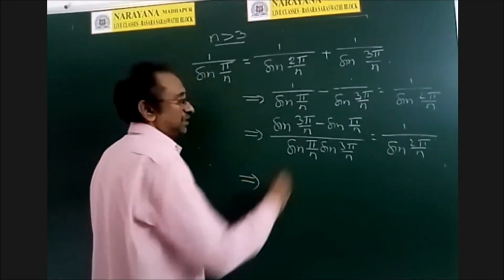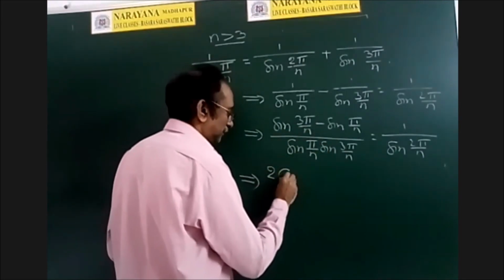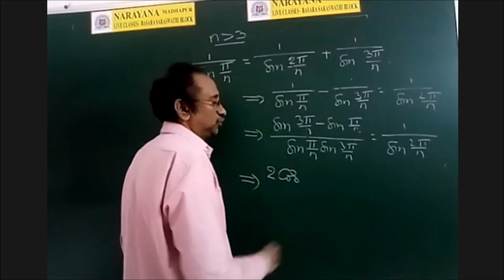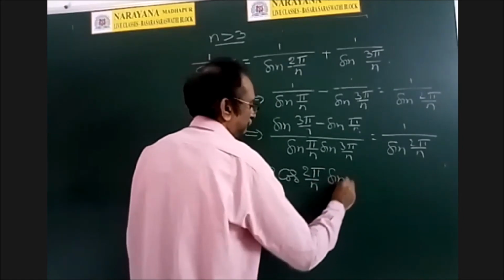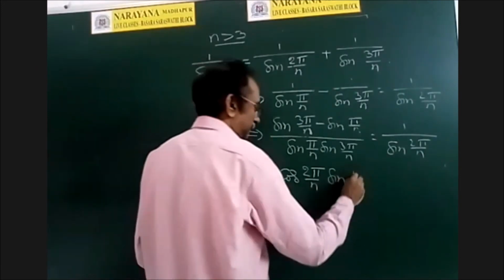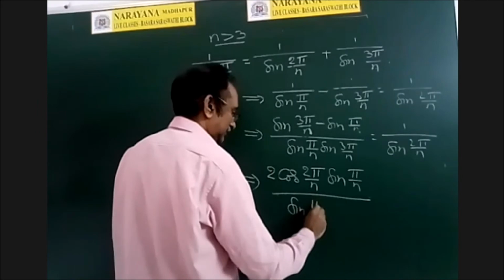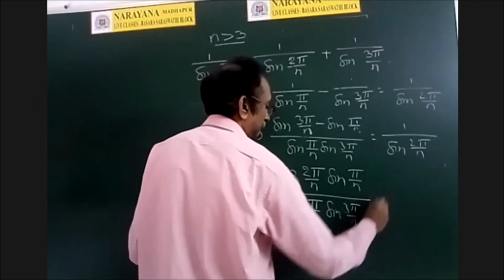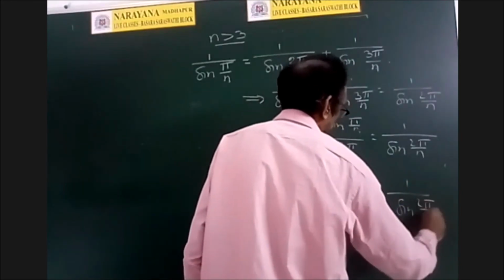So now use the sin c minus sin d formula. What is that formula? 2 cos of (c plus d) by 2, that is 4 pi by 2, which means 2 pi by n, and sin of (c minus d) by 2, that is 2 pi by 2, that is pi by n, whole by sin pi by n sin 3 pi by n is equal to 1 by sin 2 pi by n.